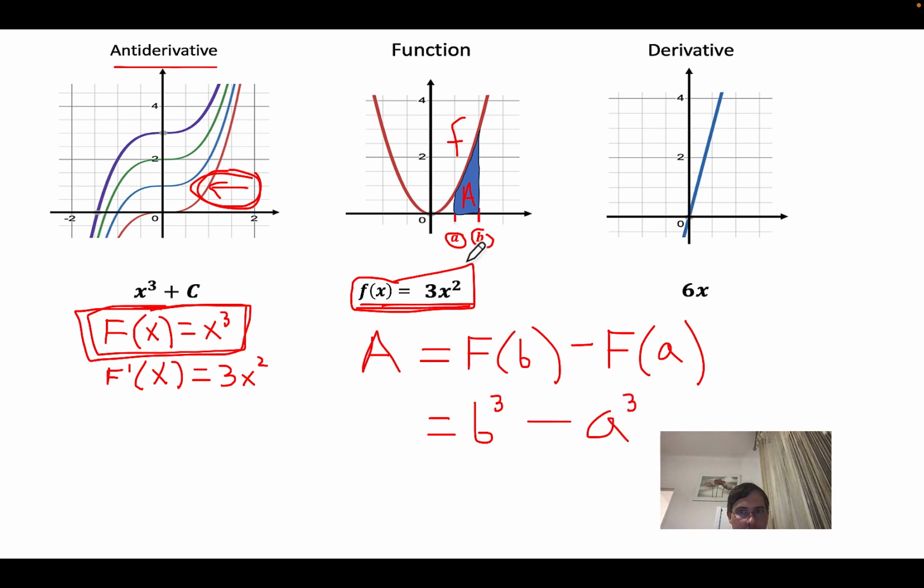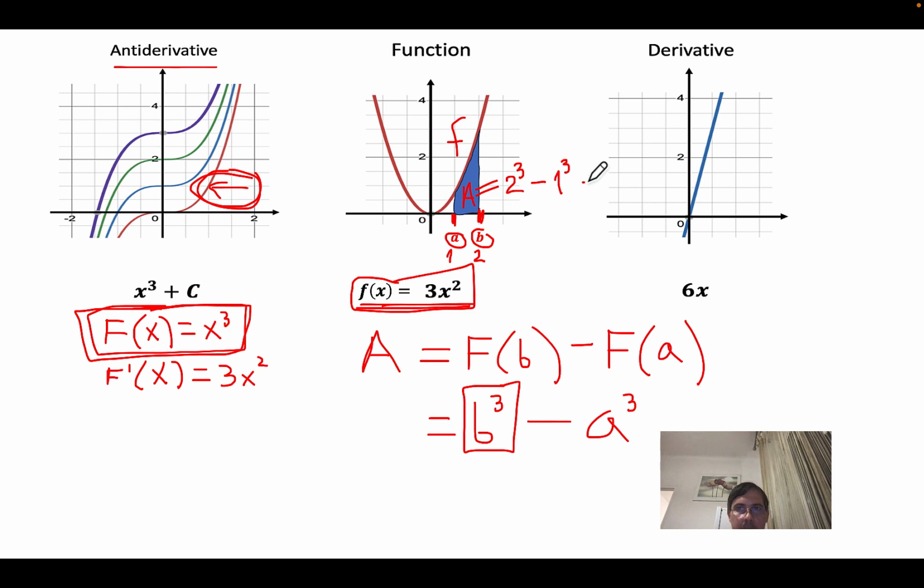So for example, if a is equal to 1, if this point right here is 1, and this point right here, this point b, is 2, well, then this area A is equal to b cubed, which is 2 cubed, minus a cubed, which is 1 cubed.